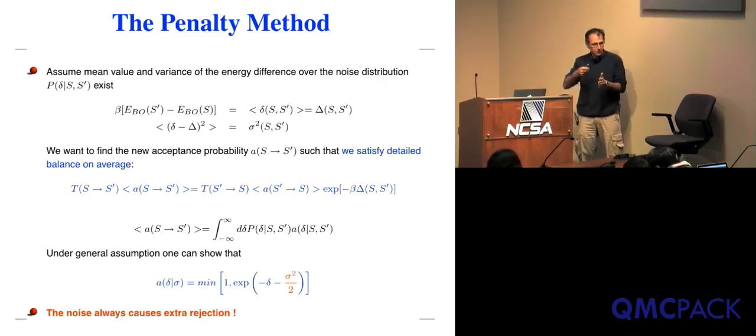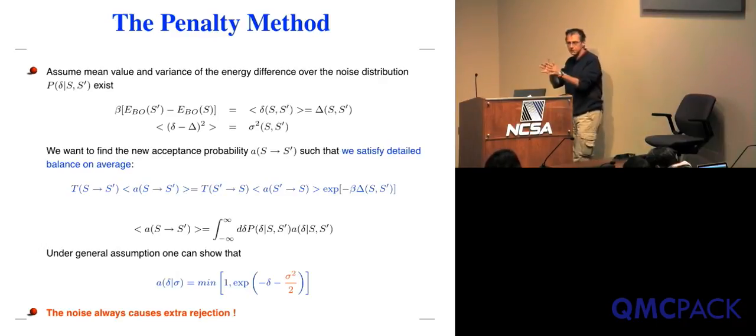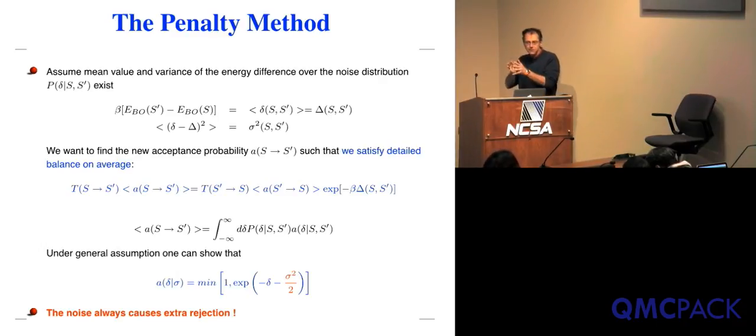So you want to have a level of noise which is not too small, because otherwise you spend all your time sampling the electrons and no nuclei, and which is not too large, otherwise you always reject. And be careful, because here there is a 1 over kT in front of the energy difference. So here there is 1 over kT squared, the inverse temperature squared.